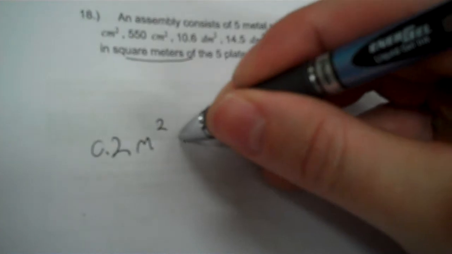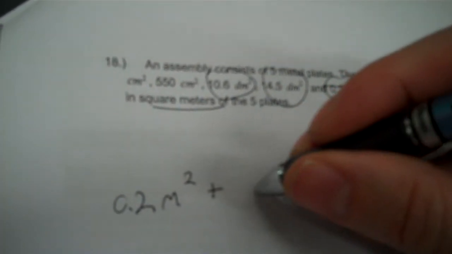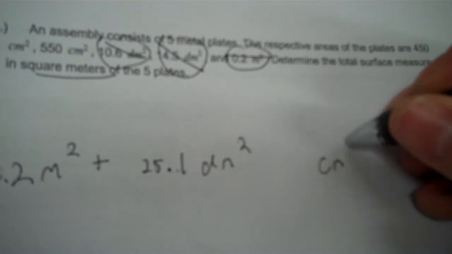That's the only one I got. Now do your square decimeters, right there and right there. I add those, it's going to be 25.1. Then I'll do my square centimeters.